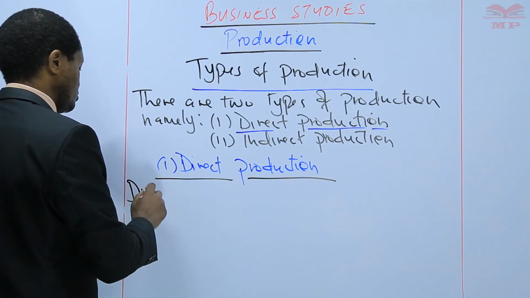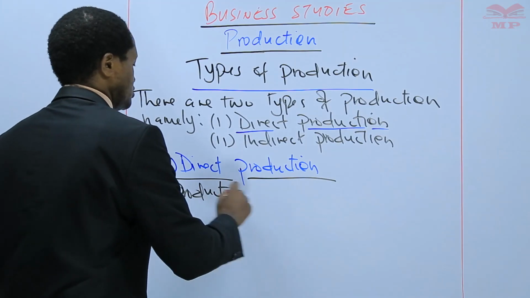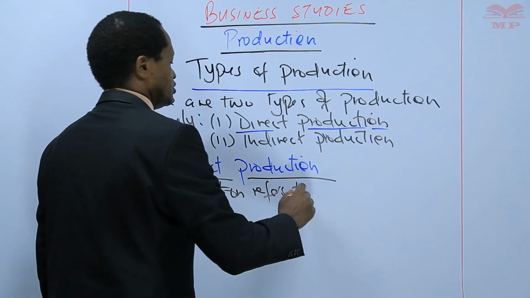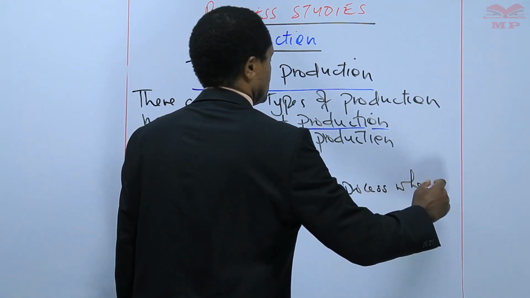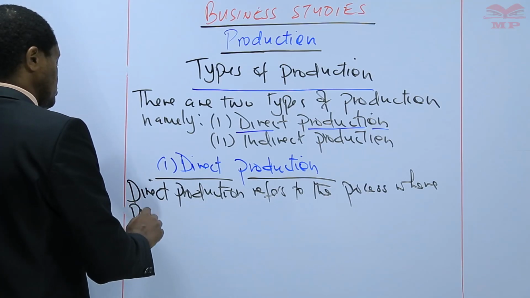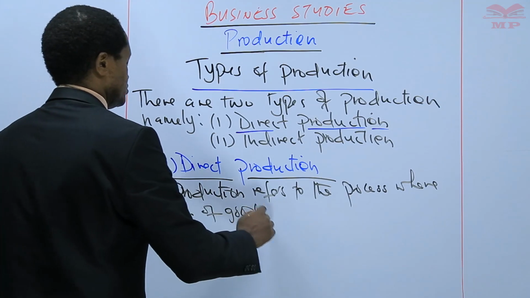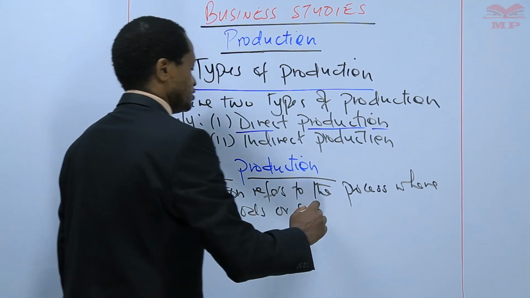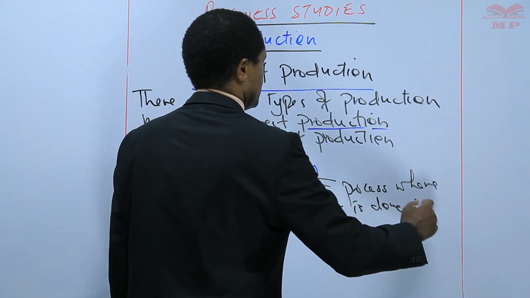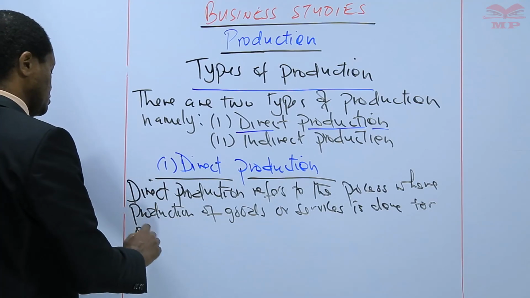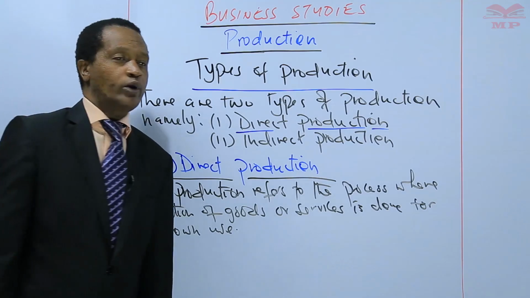Direct production refers to the process where production of goods or services is done for one's own use.